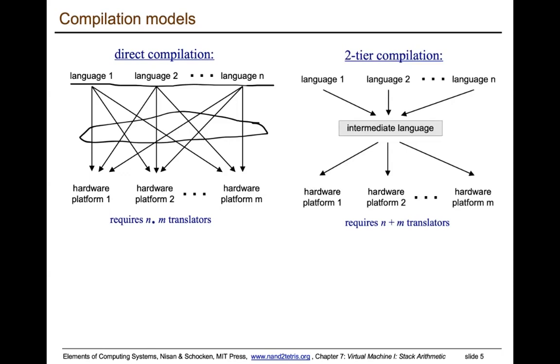What we want to do is, why don't we consider another way? We have some kind of intermediate language. This intermediate language will abstract all the hardware platform information and provide APIs to the high-level language.